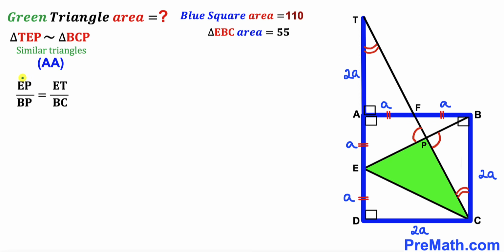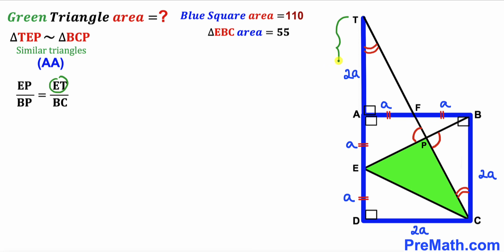Since these two triangles are similar, we have a proportion. The ratio of side lengths EP and BP must be equal to the ratio of side lengths ET and BC. Here EP is this segment and BP is this segment. Now let's focus on length ET.